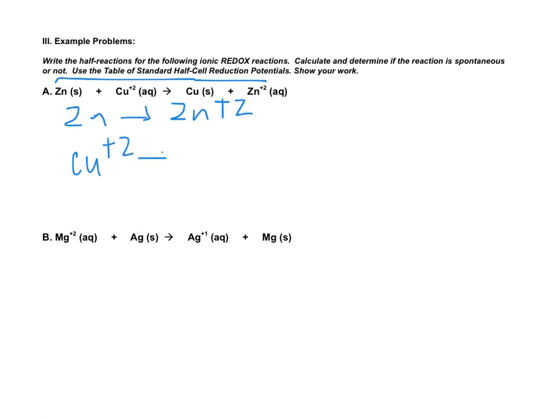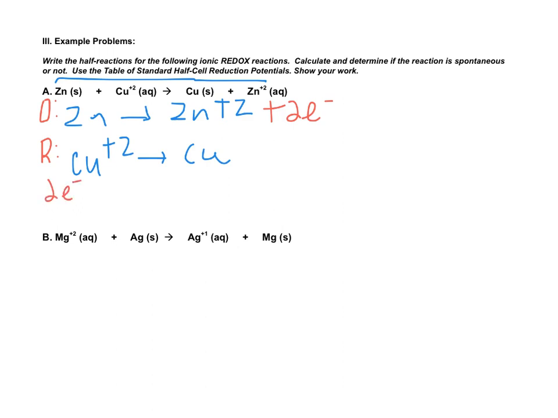Copper 2 ion goes back to solid copper. Identify which one's being oxidized, which one's being reduced. Zinc's being oxidized because it's going up in charge. Copper's being reduced because it's going down in charge. Balance out your charges by adding or showing the loss of electrons.